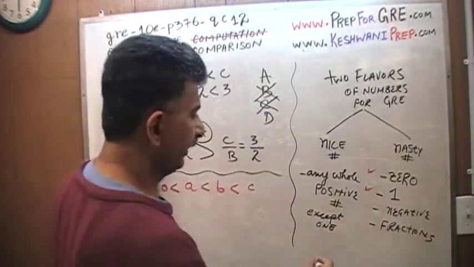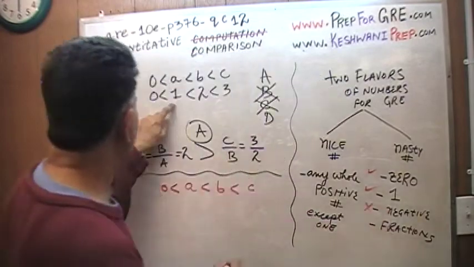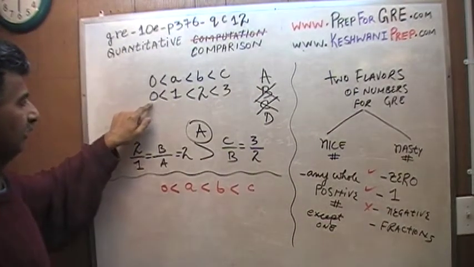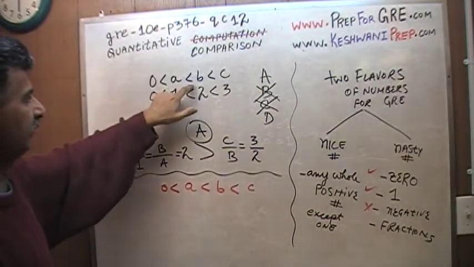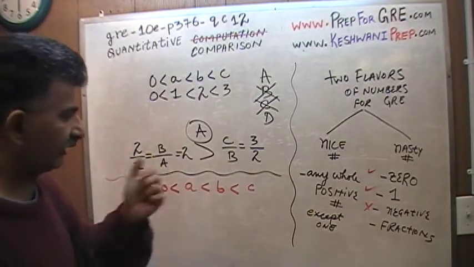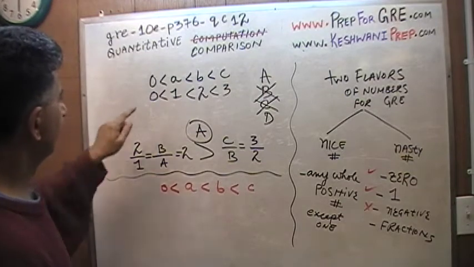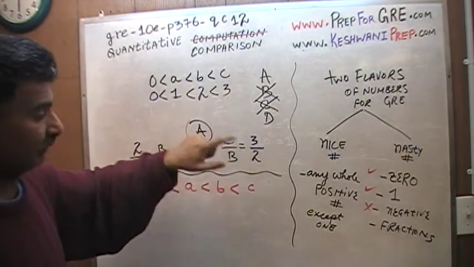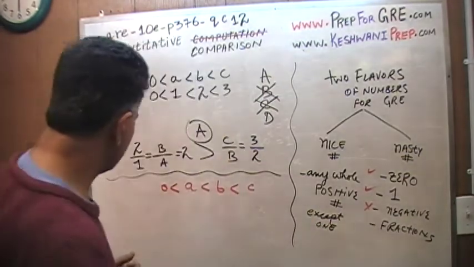We can try negatives, but negatives will not work here because everything has to be more than 0. A is more than 0, B is more than A, and C is more than B. So we can't try negatives. Let's try fractions. They all have to be positive, but that does not prevent us from trying fractions.